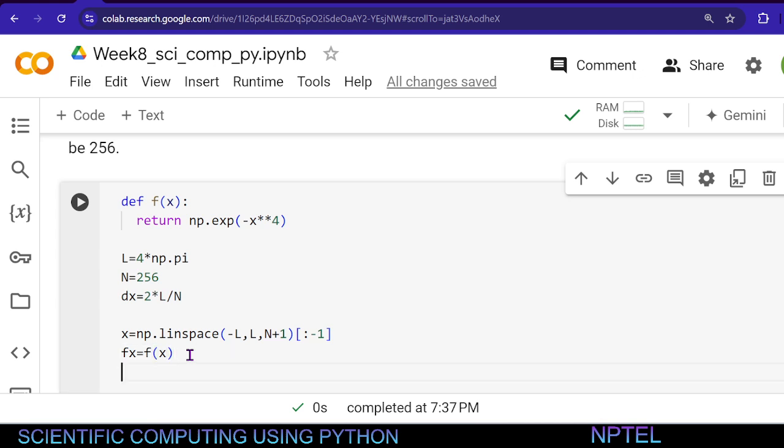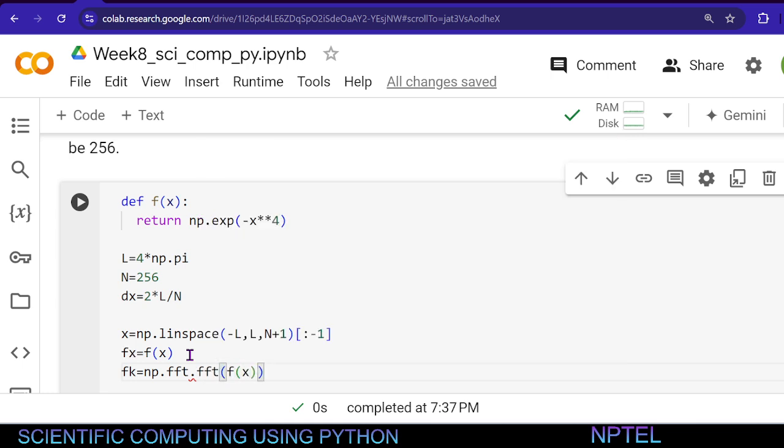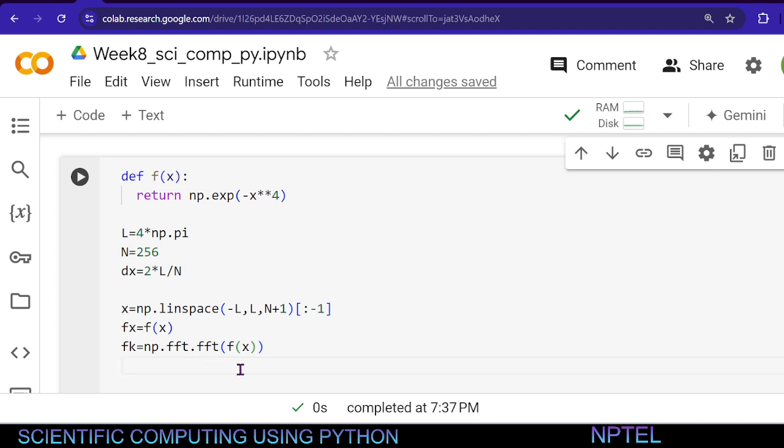And then we do fk. Fk is just going to be np.fft.fft of f of x, and then we compute the integral. Let's call it I, and by Parseval's theorem it's going to be the sum of absolute values of fk squared, and then we multiply by dx divided by n.